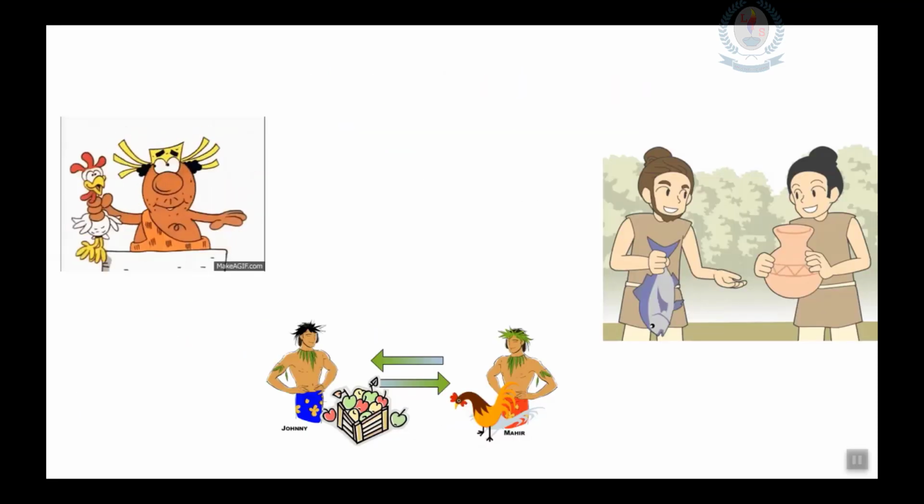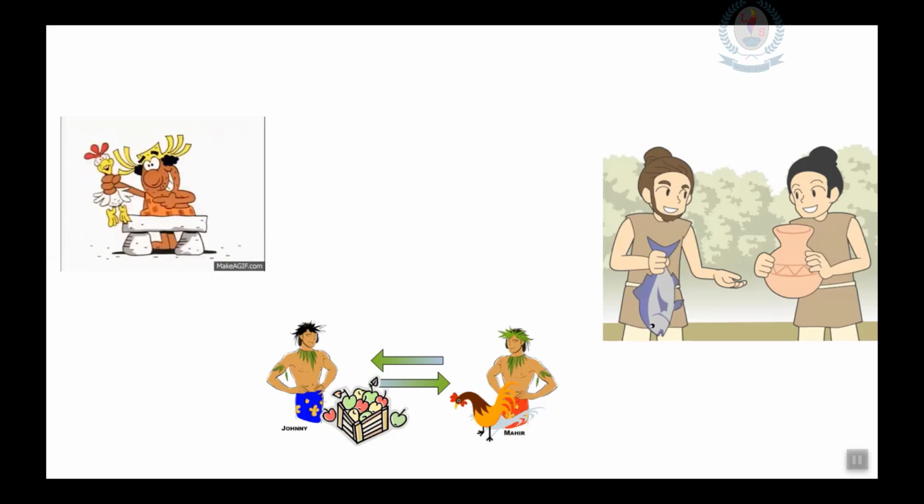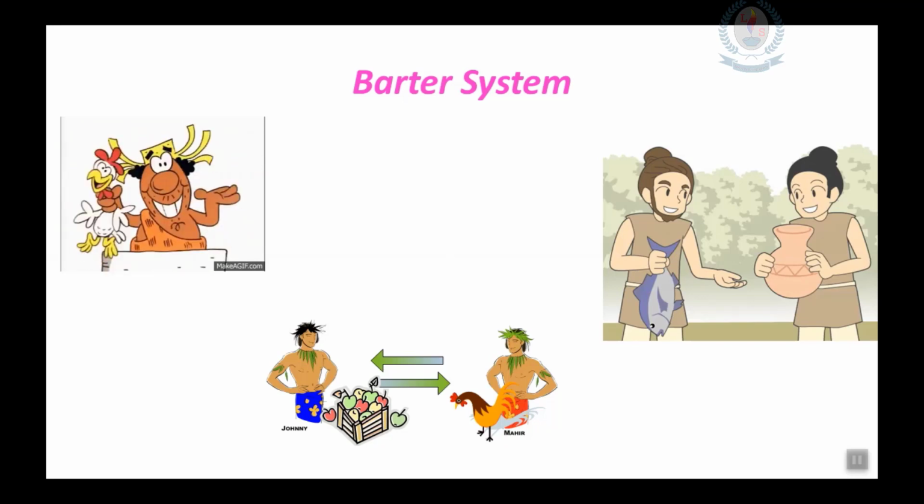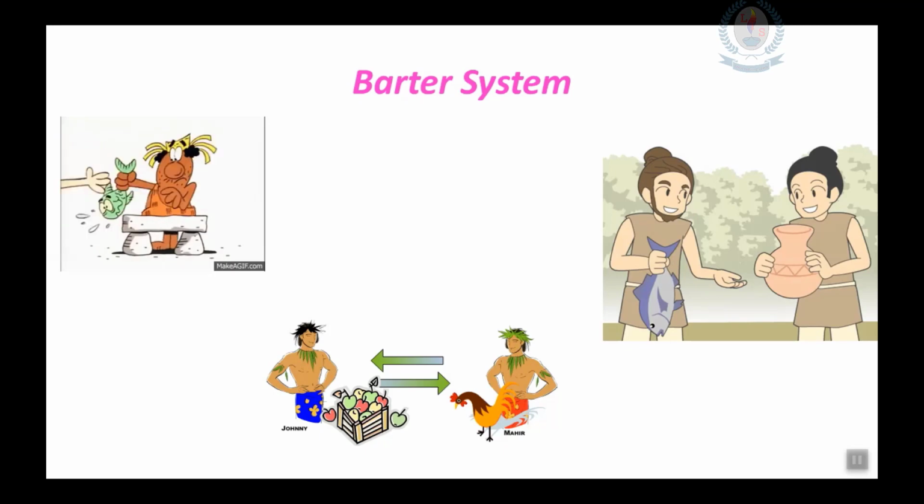Earlier people produced what they wanted, but after getting excess harvest or output, it would go to waste. So people thought to give the excess output to someone else who did not have the same product and get another which they did not produce.